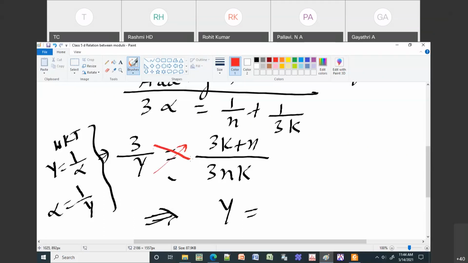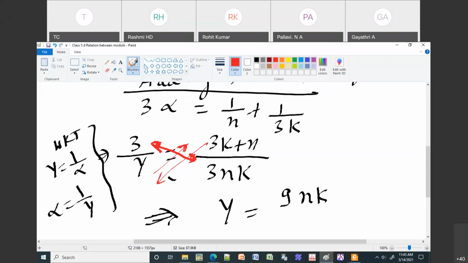So in that case, what happens? You have y is equal to, this is in principle on the right hand side. y is equal to 9 times nk. This has to go to the left hand side, and this one is coming to the right hand side.